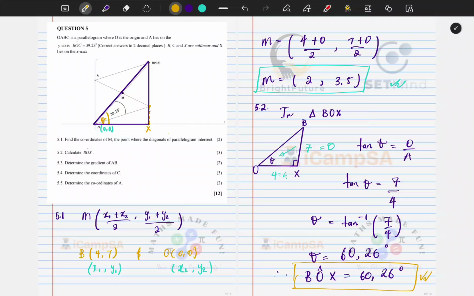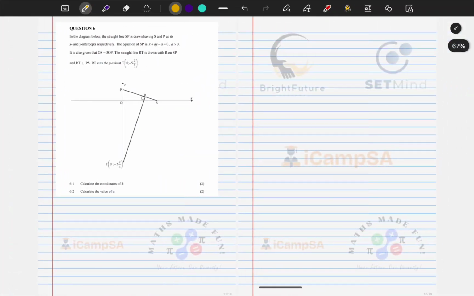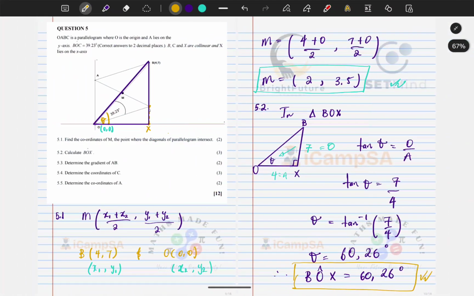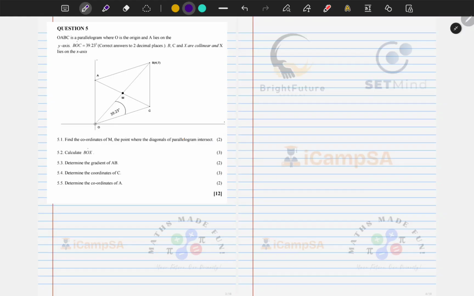Right, so now let's look at 5.3. They are saying determine the gradient of AB. Remember, we were told that OABC is a parallelogram.